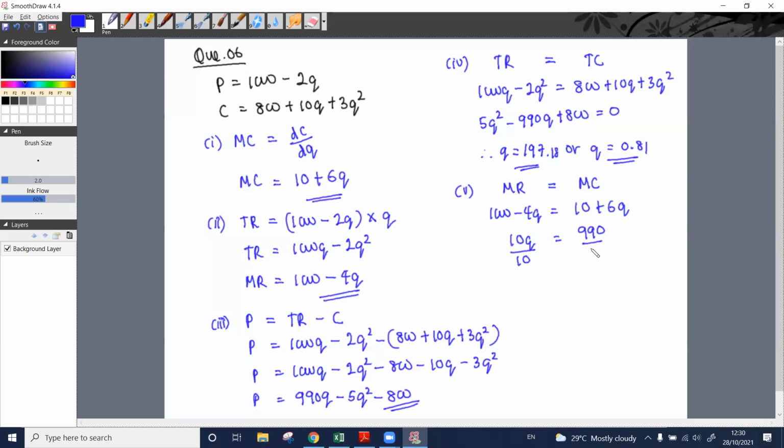Divide both sides by 10. Therefore, Q equals 99. We can maximize our profits if we produce exactly 99 units.